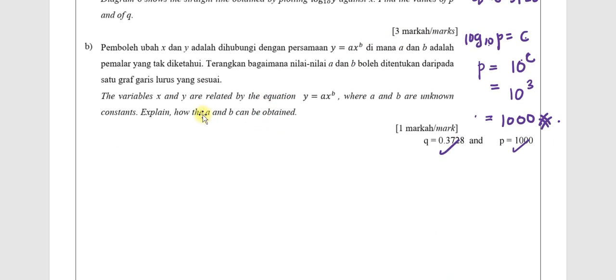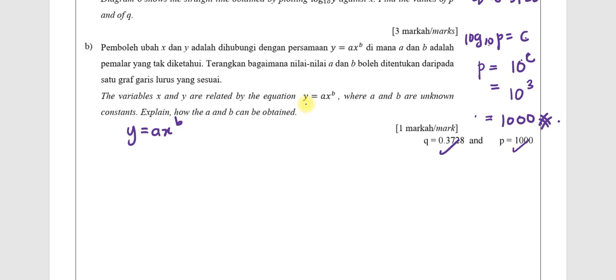Okay, two variables x and y are related by this equation: y equals ax power b. A and b are unknown. Explain how a and b can be obtained. Okay, first of all, you want to find a and b. We got power, right?